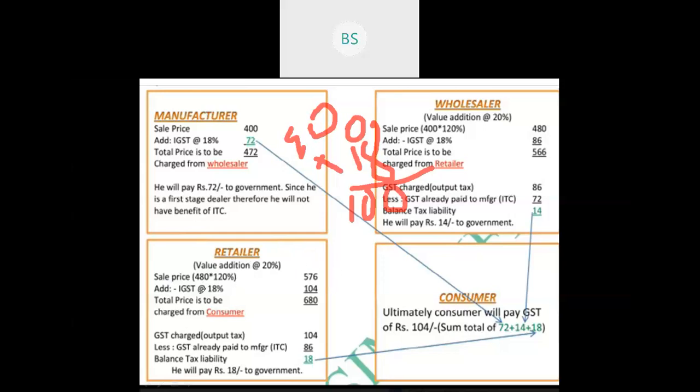Now again 18% GST. So on what amount do you have to take the 18% GST? On 576. So 576 of 18%, how much will you get? Solve it.